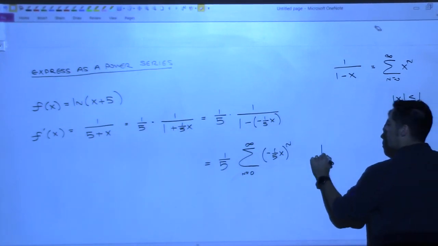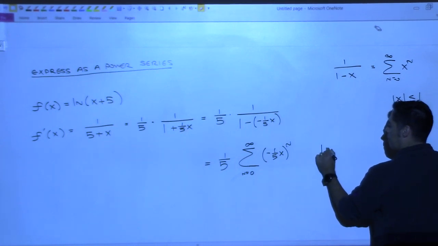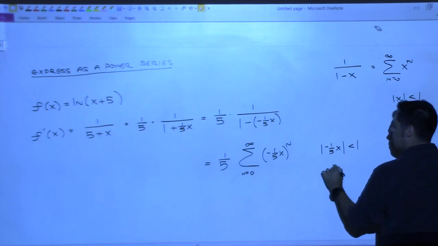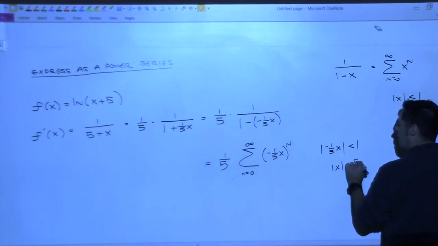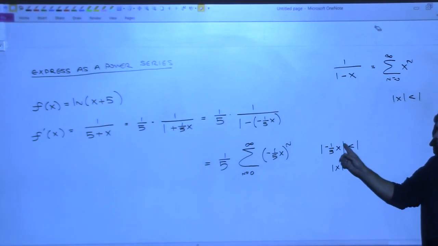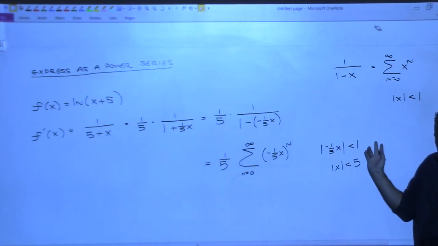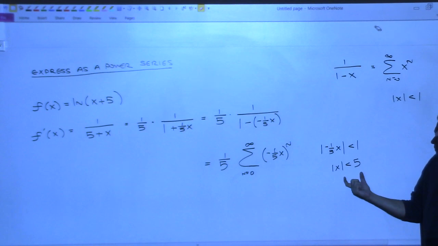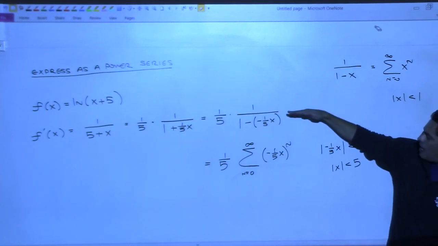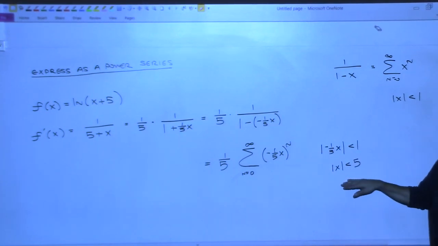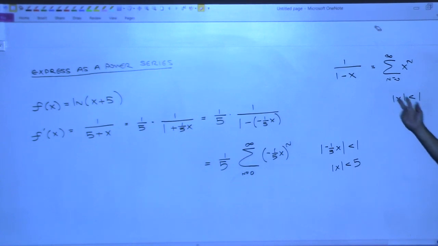The absolute value of negative 1/5 x must be less than 1, so the absolute value of x must be less than 5. So just bring this negative 1/5 out as a positive 1/5, multiply both sides by 5, and you get that. So I am allowed to go from here to here so long as that's true. And that's just using this same condition here. All right? You all right with this?